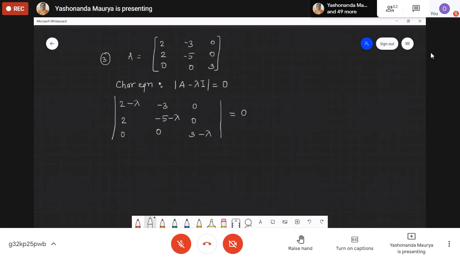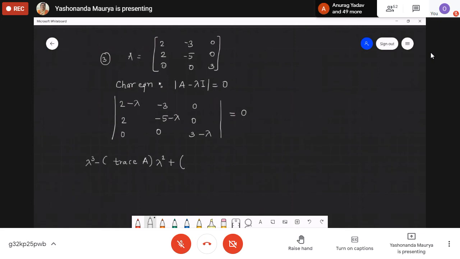See over here, for 3 by 3, what is the expression? Lambda cube minus trace of A lambda square plus. Now here you remember how do we find this expression? First of all diagonal entries, and then all respective entries have to be multiplied.